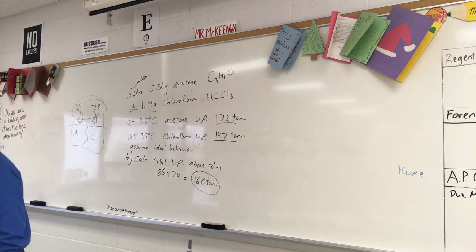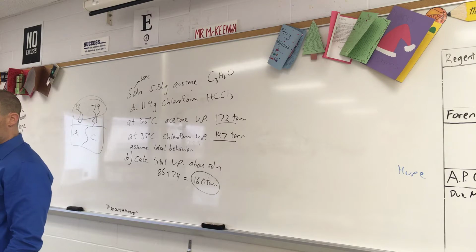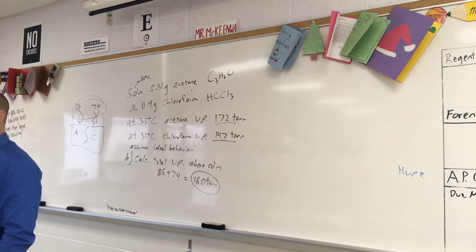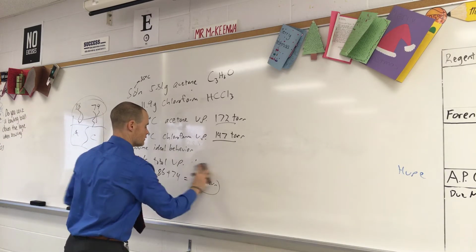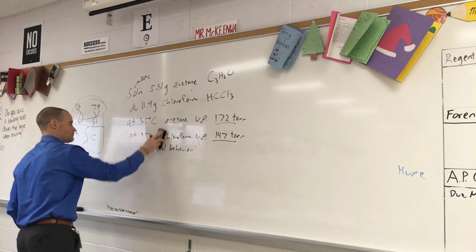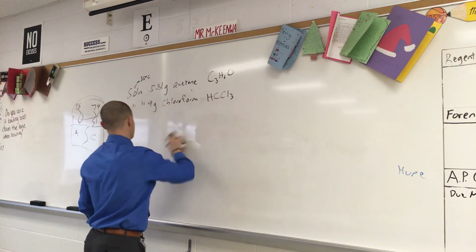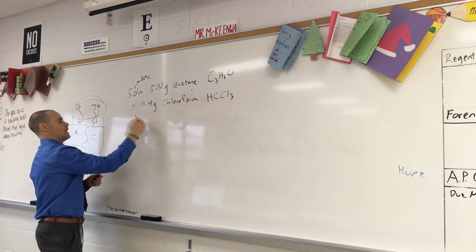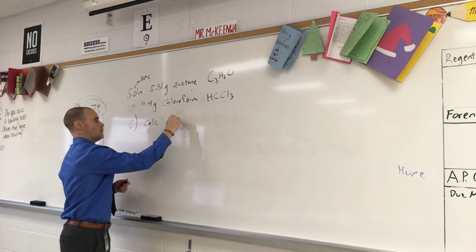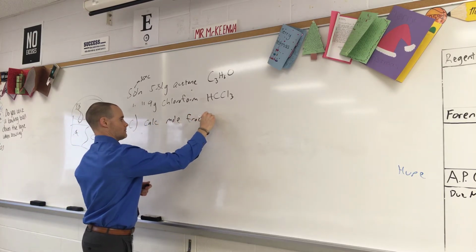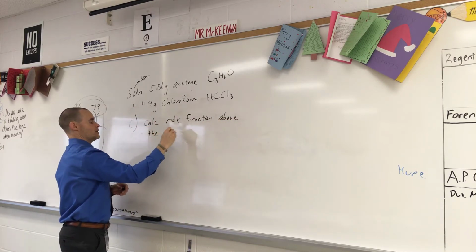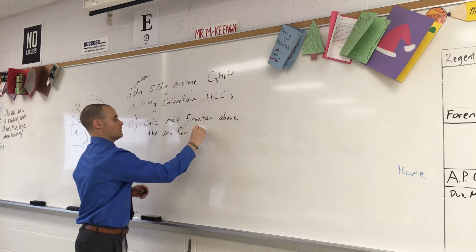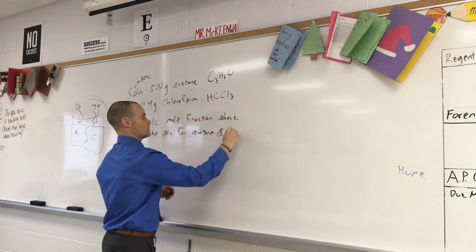Calculate the mole fraction of acetone and the mole fraction of chloroform above the solution. Alright, so now this is where it gets a little squirrely. Write that down. Part C. Calculate mole fraction above the solution for acetone and chloroform.